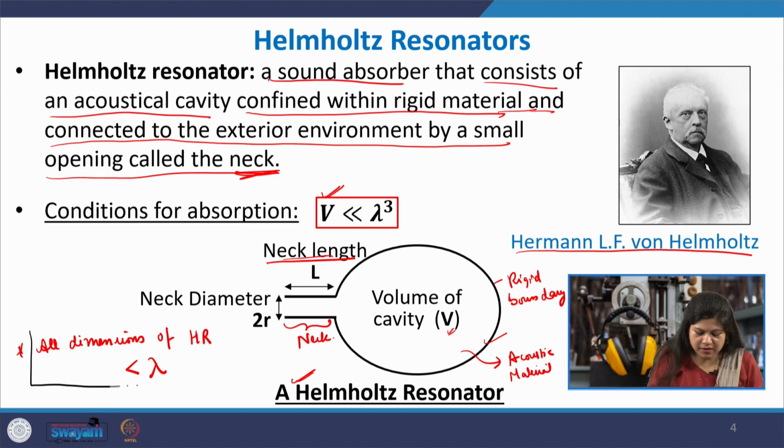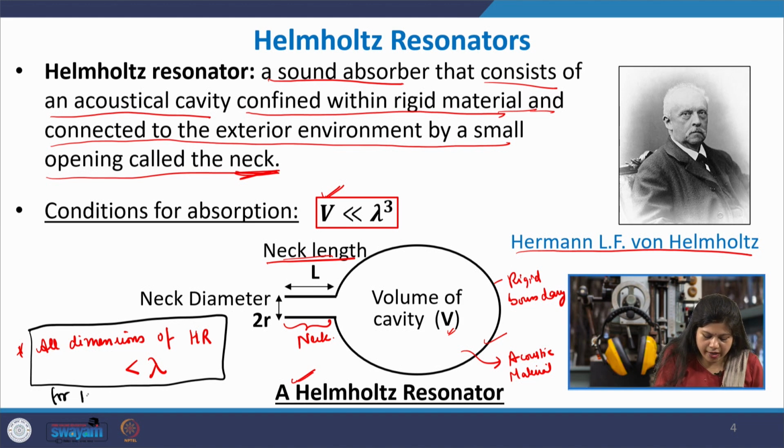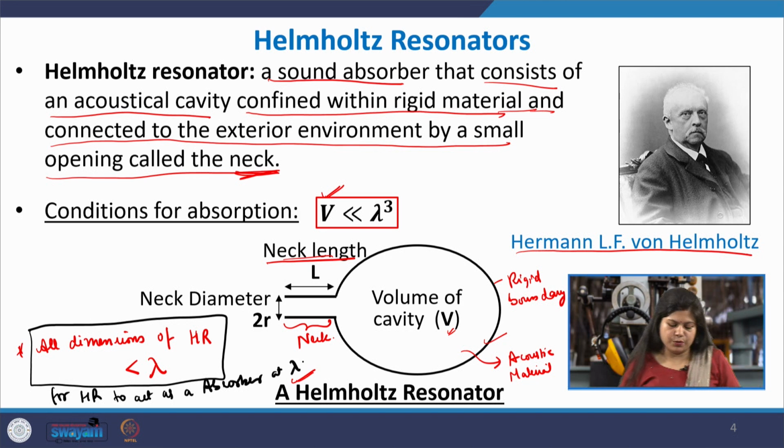This becomes a generic condition for the Helmholtz resonator to act as an absorber at wavelength lambda of the sound wave.